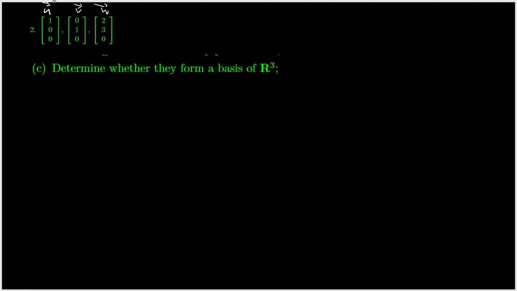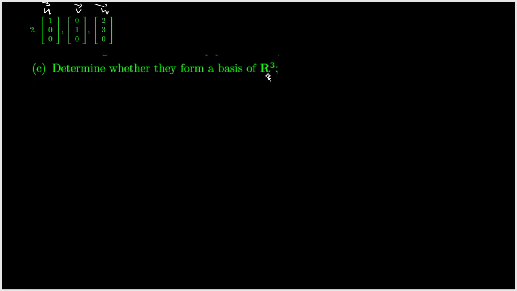So question C is easy. Do they form a basis of R3? These are the 3 vectors in R3. In order for a set of vectors to form a basis of R3, now let's recall, this time we treat R3 as a subspace of R3, a trivial one, right?